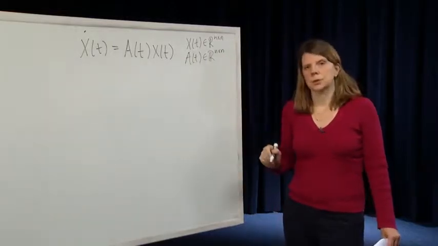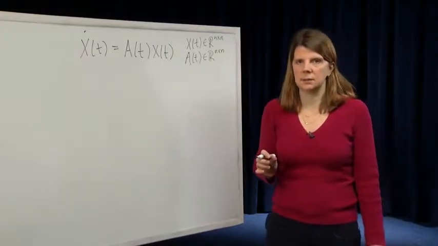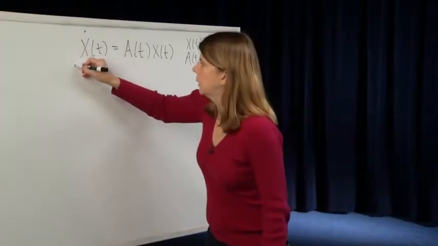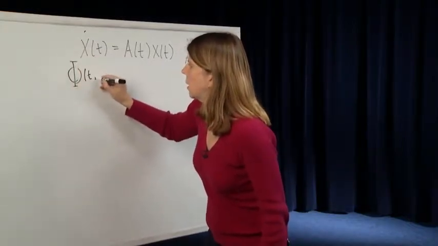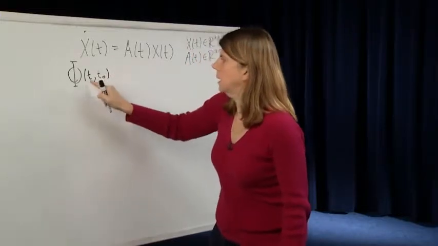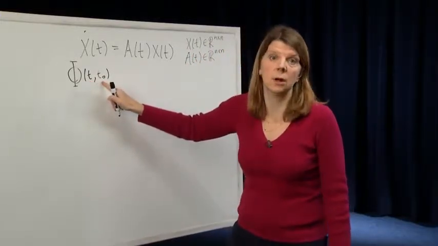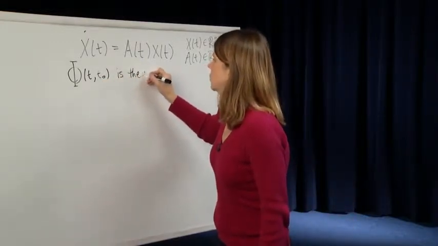So the solution to that differential equation, starting at an initial condition, which is the identity, is defined as the state transition matrix. And we recall that we use the notation phi of t comma t0 to indicate the value of phi at time t, given that the system started at time t0.